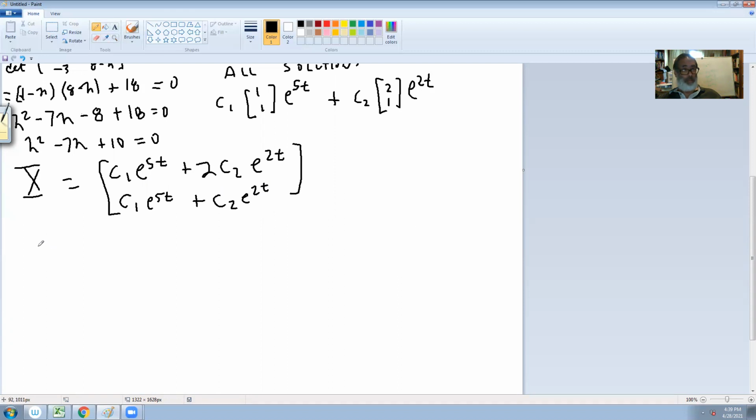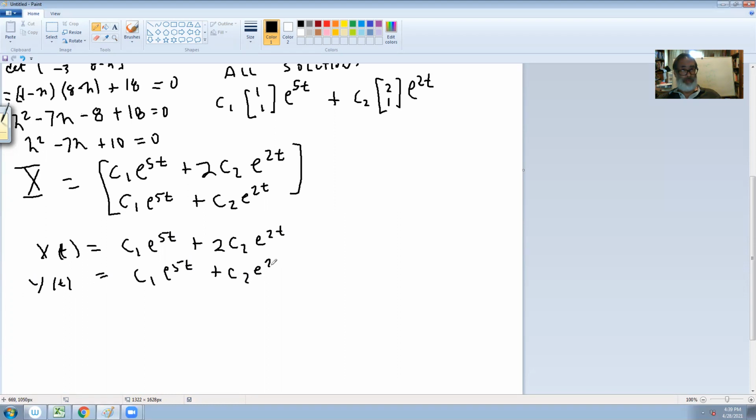Your x of t is C1 e to the 5t plus 2 C2 e to the 2t, and your y of t looks like this. What this tells us is that our solutions are going to come in these pairs. One way to think about this is as a parametric curve.